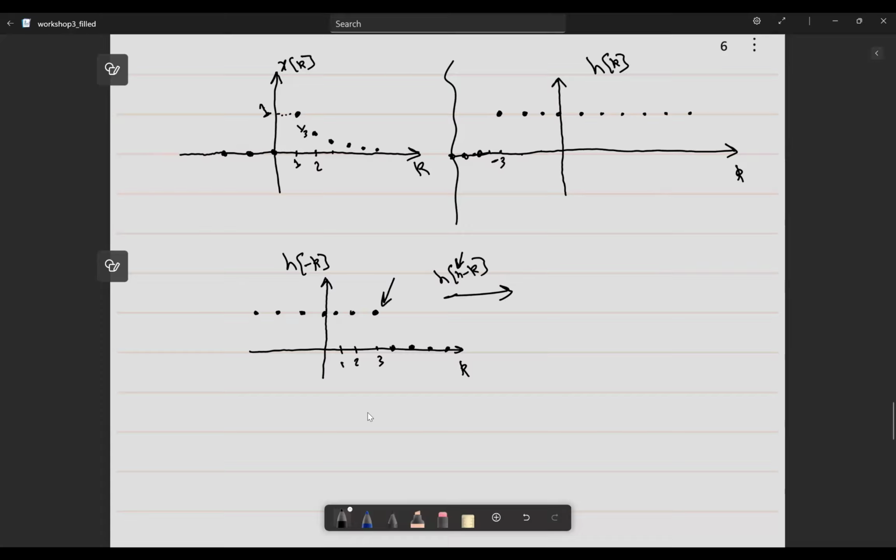So let's say n is less than -3. If n is less than -3, h[n-k] will look something like this.